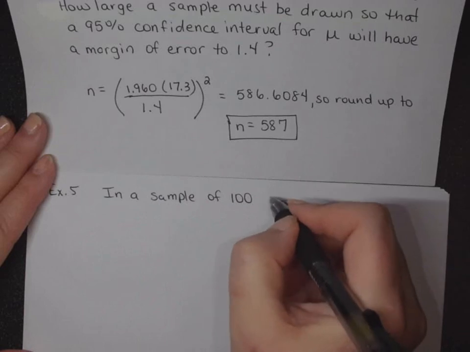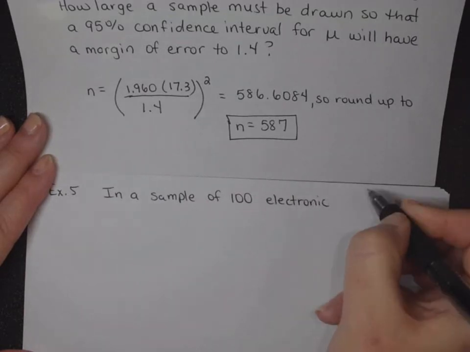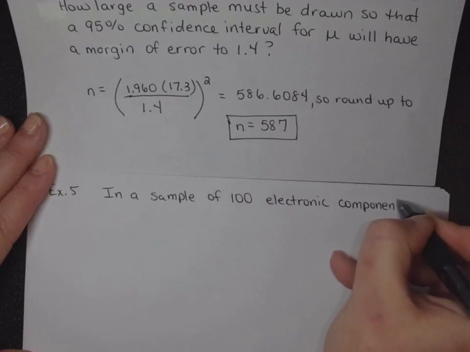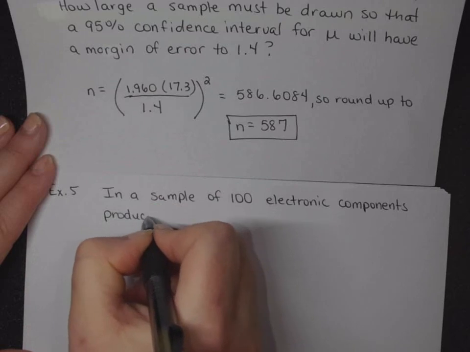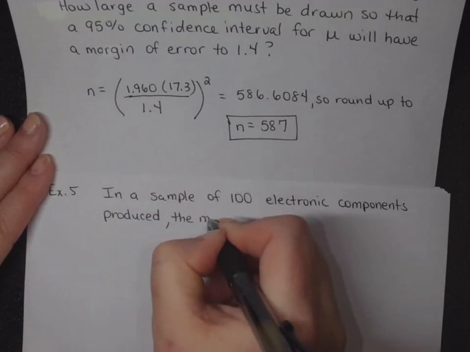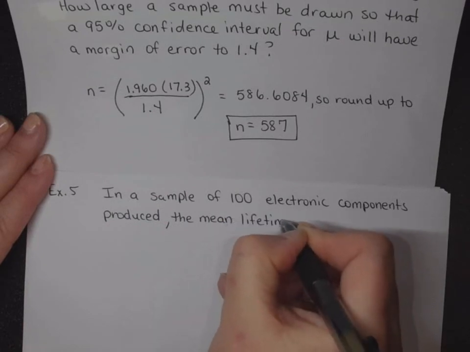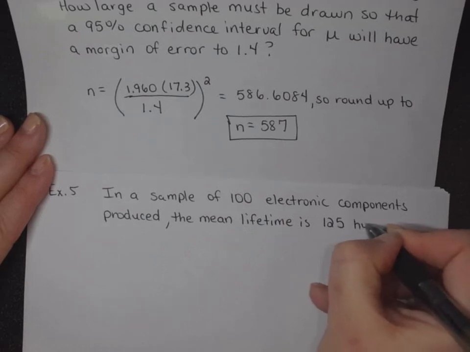All right, so in a sample of 100 electronic components produced in some company, the mean lifetime before this electronic component wears down is 125 hours.